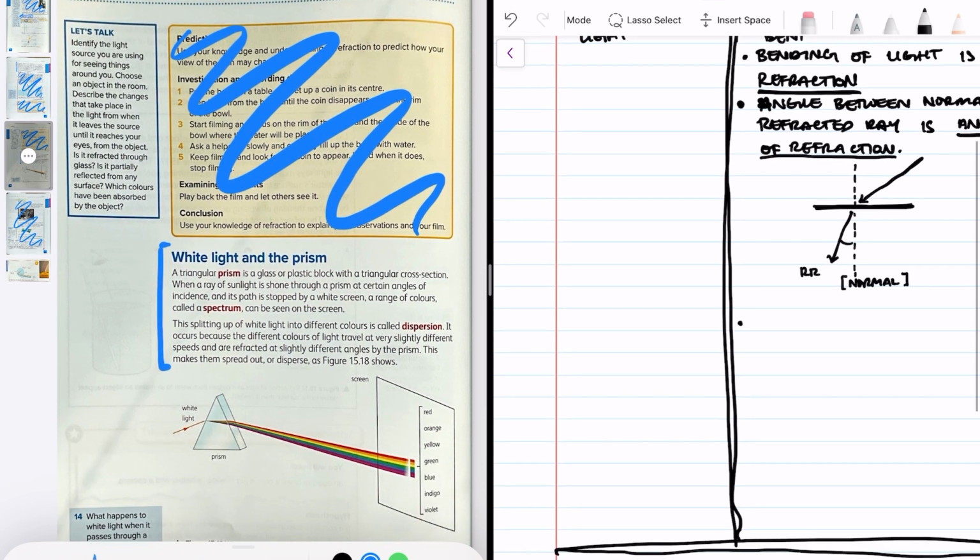So I'll leave some space for a couple more bullet points. And then right here, I'm going to add the new section, which is white light and the prism. I could add about 3 more bullet points here.